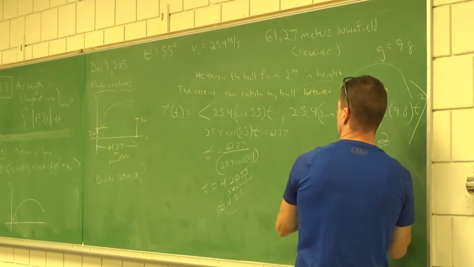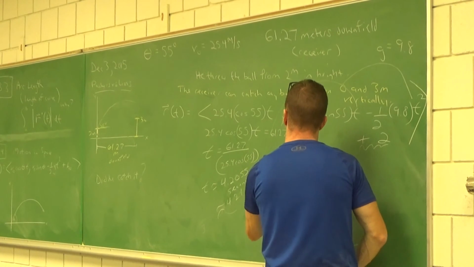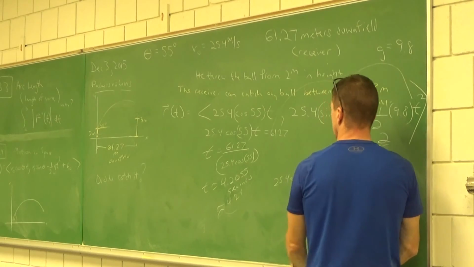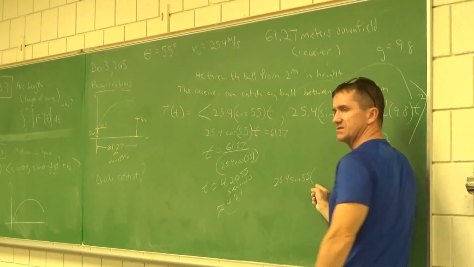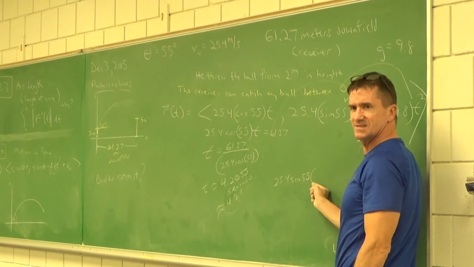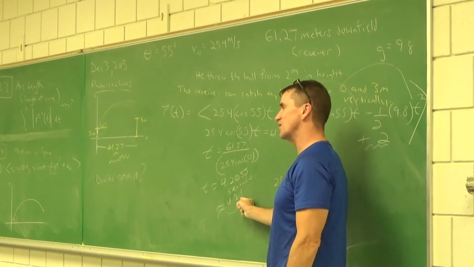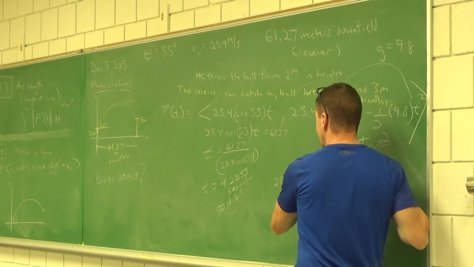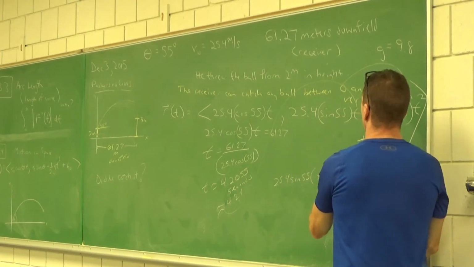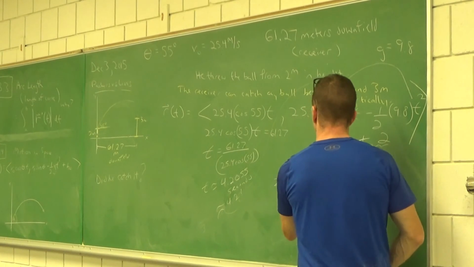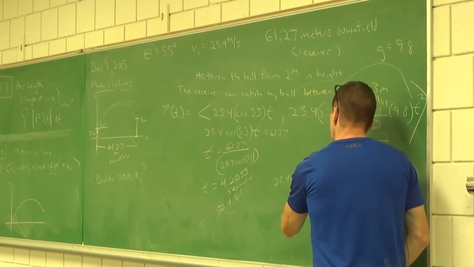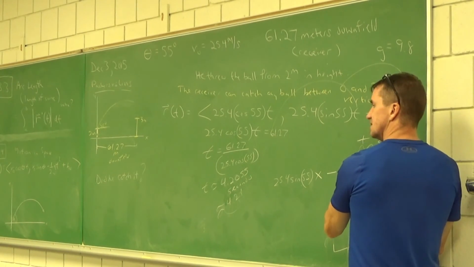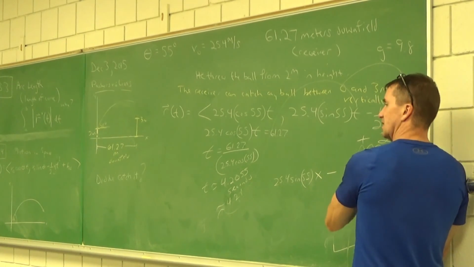2. So what's 25.4 sine of 55 times t, and I'll just store this in my calculator to some letter like X. I'll store this number to X, and I'll go 25.4 sine of 55 times X minus 4.9 times X squared plus a 2.